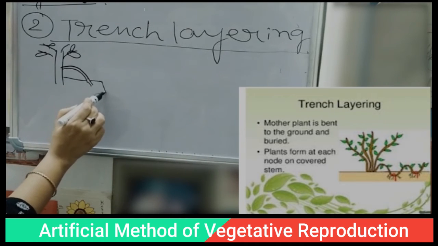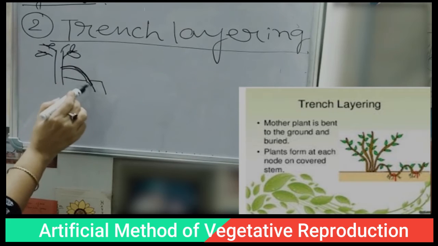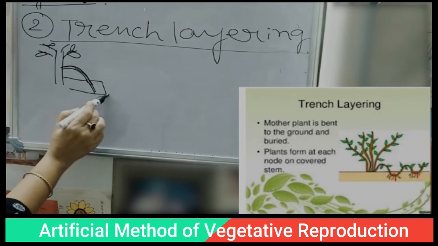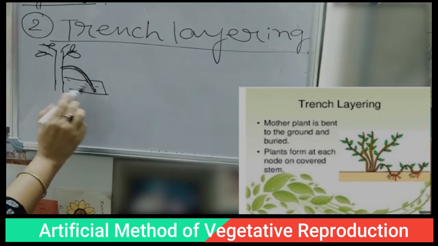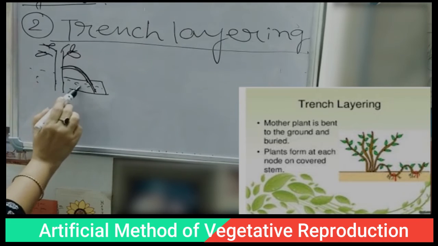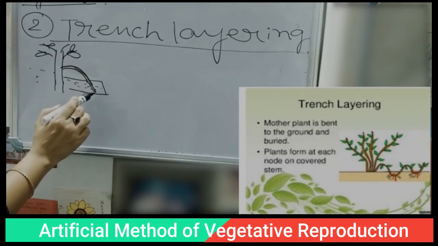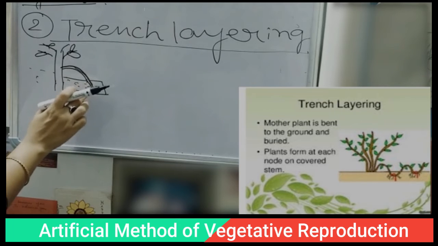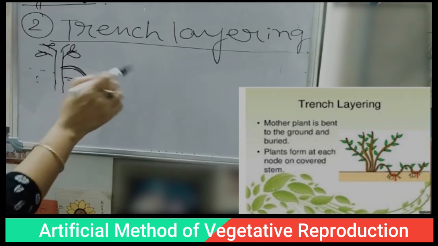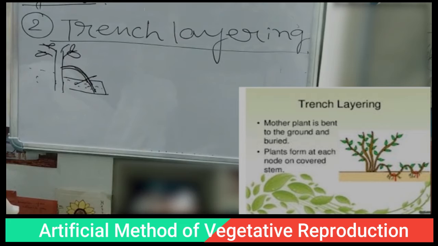A trench is made, and that part is placed in this trench, okay, and covered with soil. After a few days, adventitious buds come out from this part, and then we cut that portion and place it in the soil, and a new branch and new plant arise.